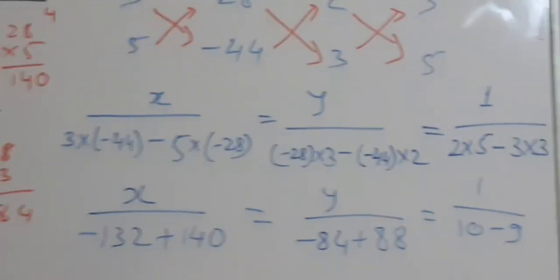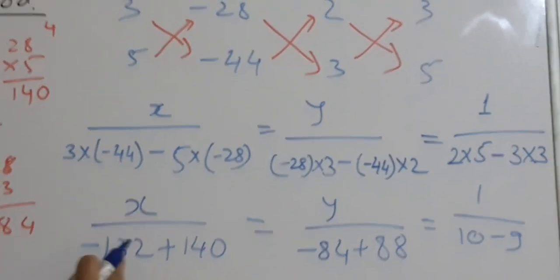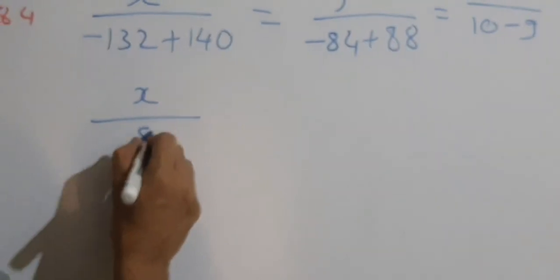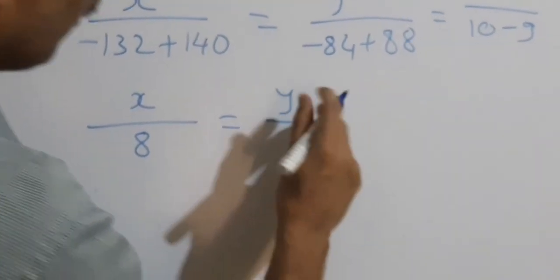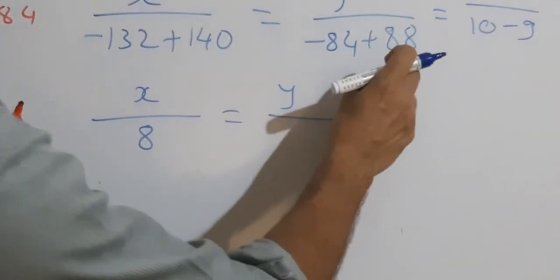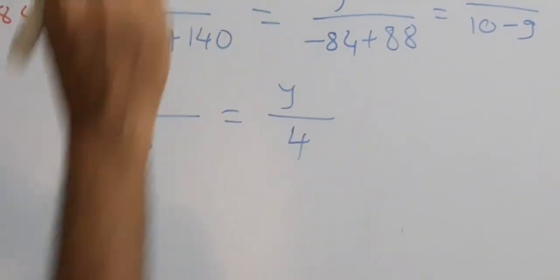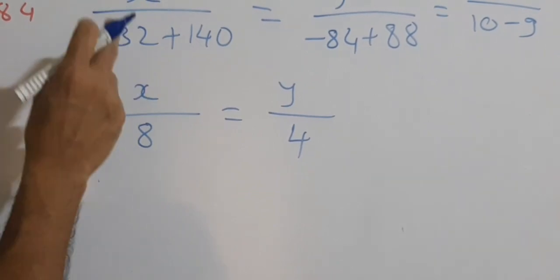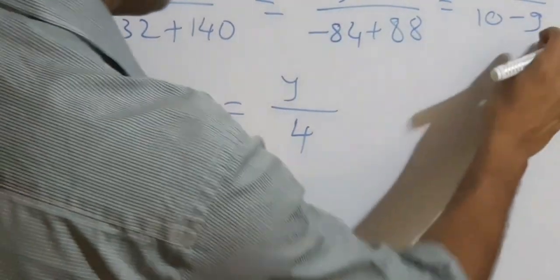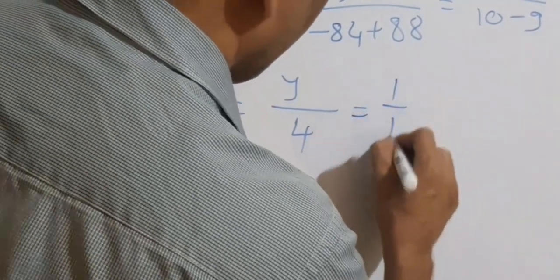We'll simplify further. x upon minus 132 plus 140 will give us plus 8, equal to y upon minus 84 plus 88 will give us plus 4. 88 minus 84 is 4. 140 minus 132 is 8. And here 10 minus 9 is 1. So 1 upon 1.